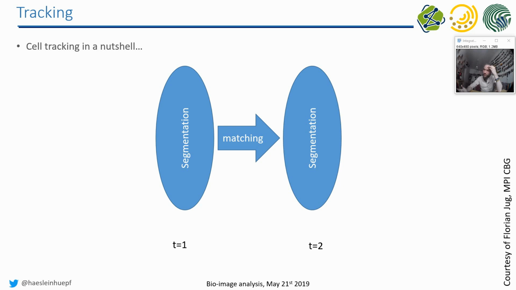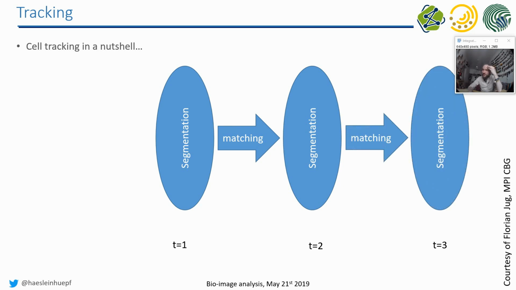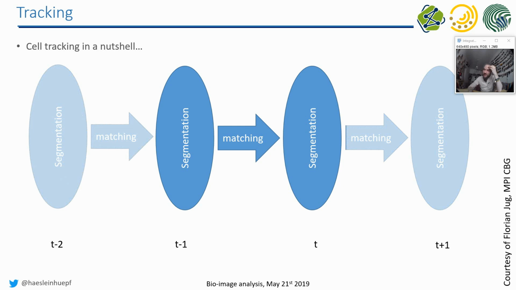So we have two time points, for example. It's a very short movie, so potentially, of course, there are more time points in the future. If we look at that in a more general way, we always have time point t, time point t minus 1, time point t plus 1, and we have a concatenation of several images where there always has to be a matching in between them.